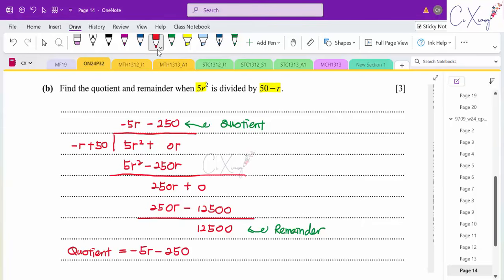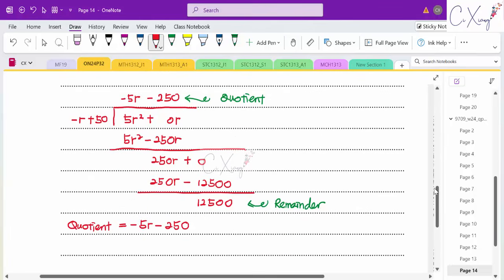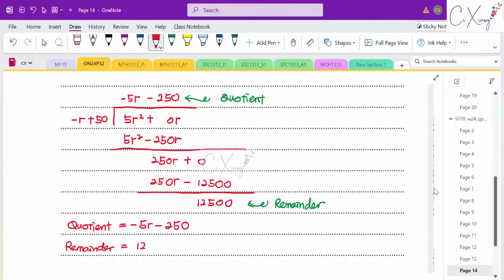Then how about the remainder? The remainder here should be 12,500. Okay, so I just try to state clearly what is the quotient and also the remainder that I get. This is what we have for part B.